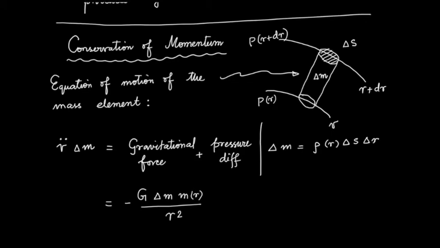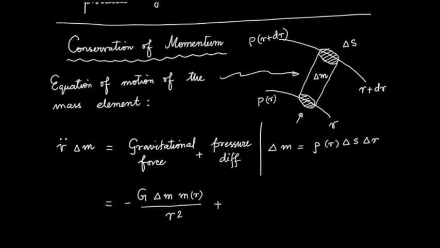What about the pressure force? Why is there a pressure force? There is a pressure force because I have this area on which the pressure is acting here, and I have the same area on which a different pressure is acting. So there is a force because of the pressure difference. Pressure is force per unit area.